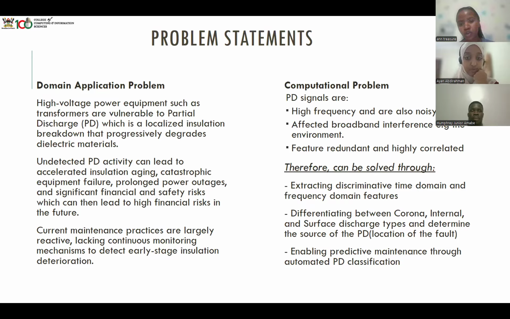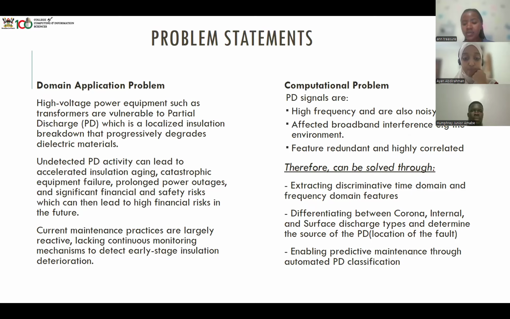The computational problem we look at is that partial discharge signals are high frequency and very noisy, and they are affected by broadband interference, which means that you cannot hear them. They are hard to hear unless they're at the later stages, and they are feature redundant and very highly correlated.